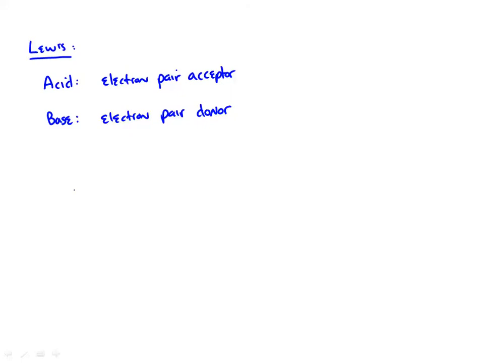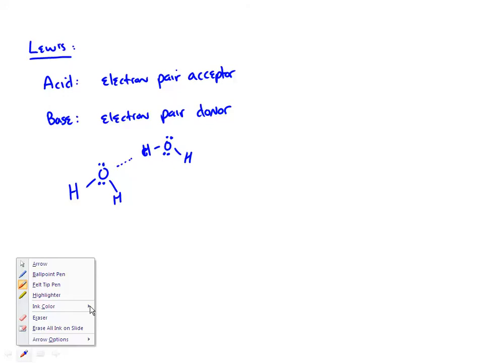So if we take a look at that last reaction, when we looked at this actually, remember it kind of started off with that hydrogen bond, right? Well, remember those waters have lone pairs of electrons, right? And so if we think about it, and I'm going to do this in another color so I can emphasize it maybe, assuming this will let me change colors. My computer is slow.